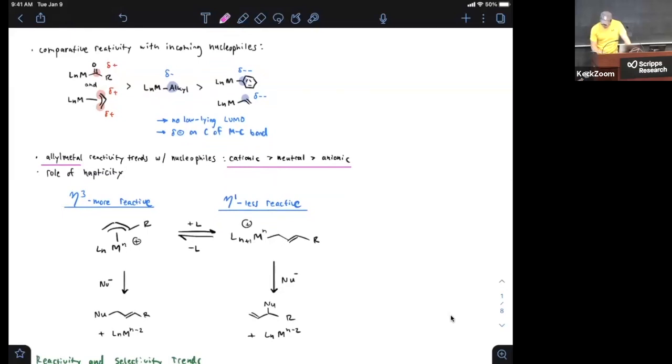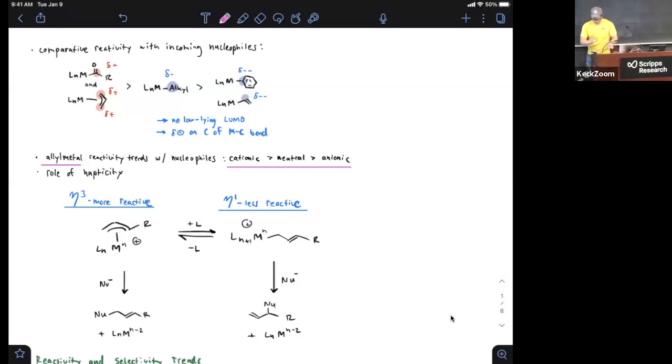And you'll see this haptotropic shift because it opens a coordination site. It makes the allyl group, when it's eta-3, have a coordination number of 2. When it's eta-1, it has a coordination number of 1. So you can favor the eta-1 mode by having ancillary ligands that can trap the vacant coordination site.